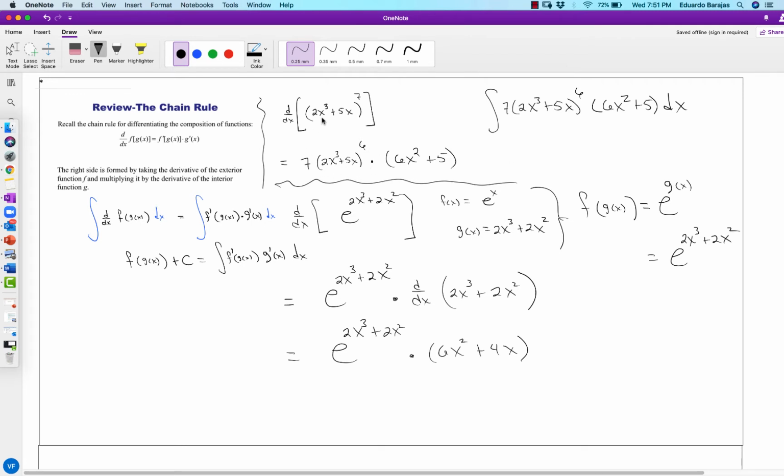This comes from that. So the answer is just going to be (2x^3 + 5x)^7 plus some constant, right?